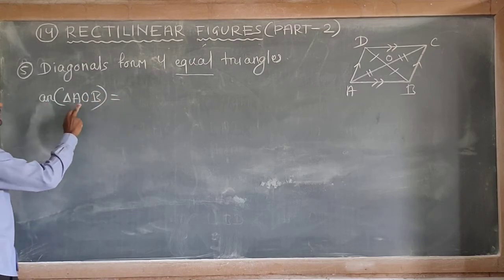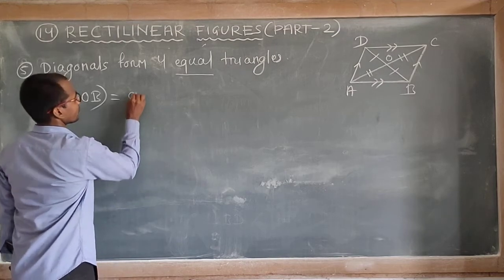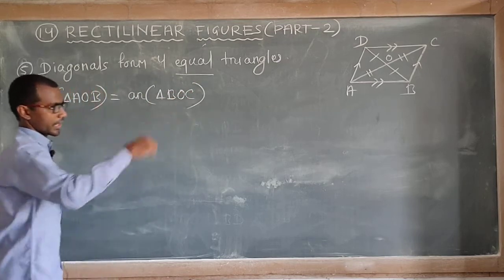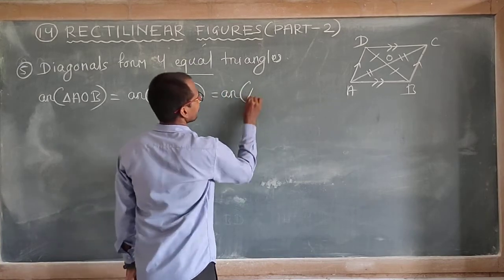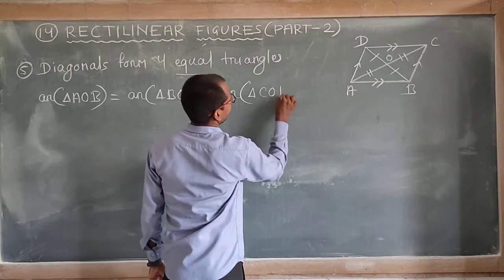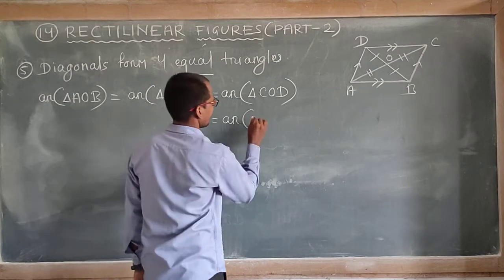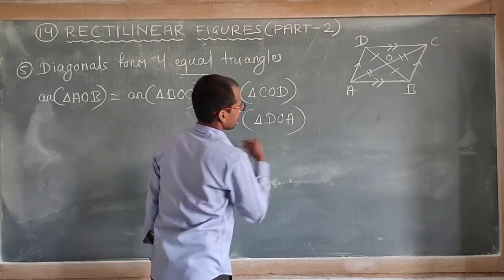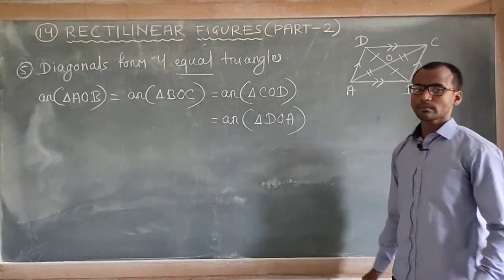AR bracket triangle AOB means area of triangle AOB is equal to area of triangle BOC is equal to area of triangle COD is equal to area of triangle DOA. So these 4 triangles are equal in area.